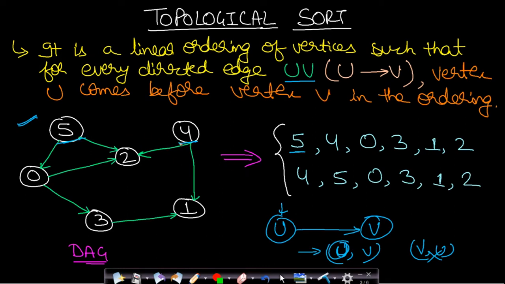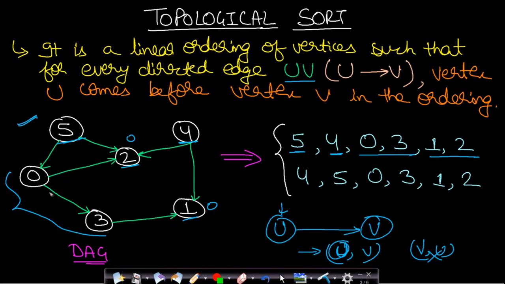And then since 4 is at the same level, it is also having in degree 0. Therefore 4 will come. Now this 2 has out degree value 0, and this 1 has out degree value 0. So these 2 must form the last part. Therefore 1 and 2 should come at last. Now this 0 and 3 should be present in between, and therefore they are present in between.